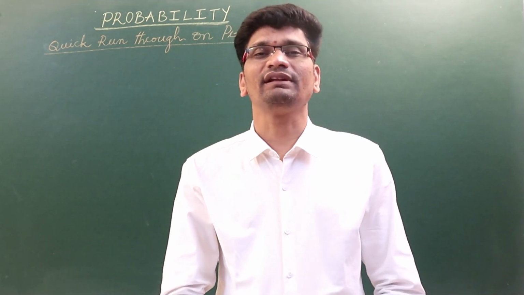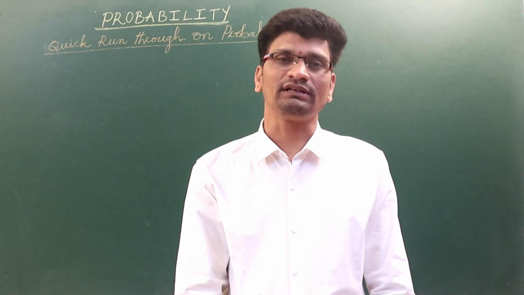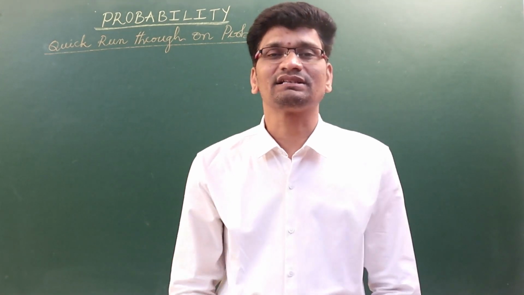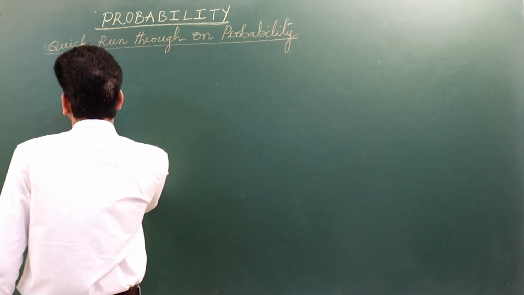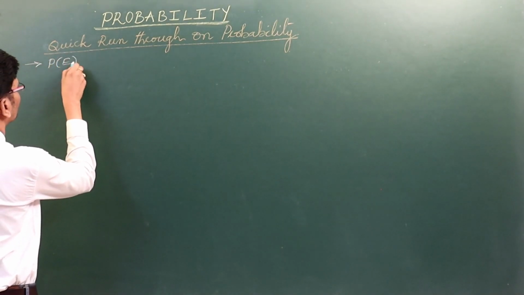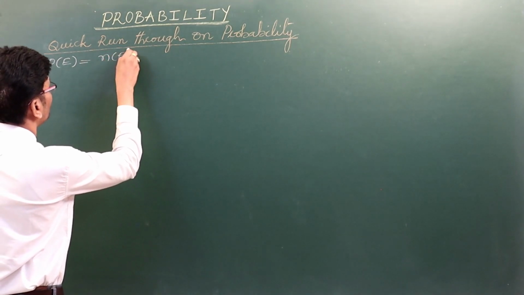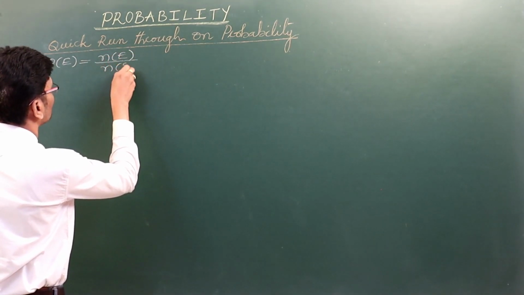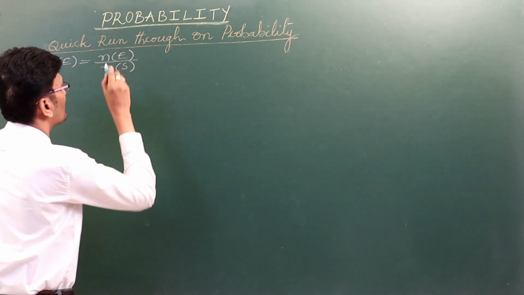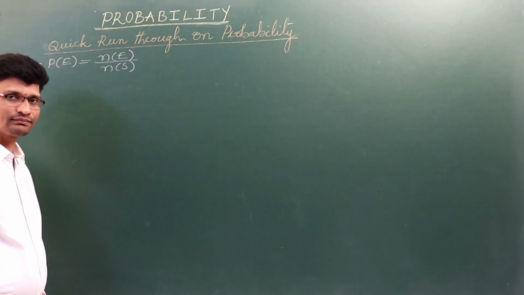Here we have one definition called the classical definition of probability. P(E), the probability of any event of the random experiment with sample space S, is n(E) by n(S). It means favorable chances to the event divided by total chances of the experiment.